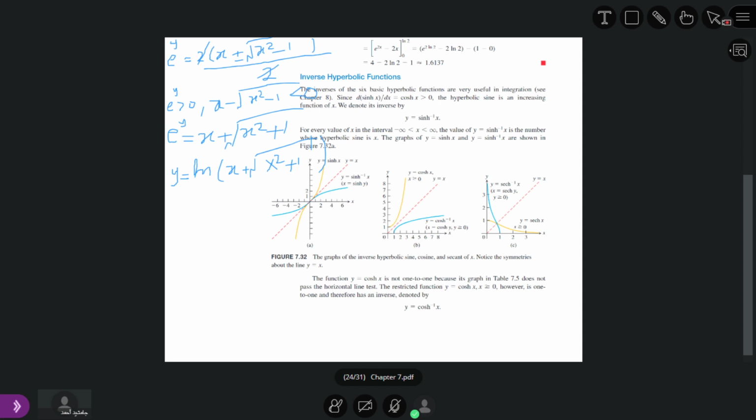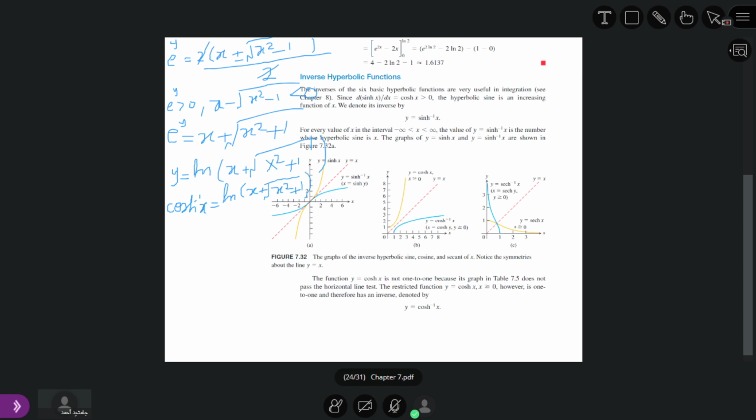Now what is y? y is equal to cosine hyperbolic inverse x, so cosine hyperbolic inverse x is equal to ln of x plus square root of x square minus 1.